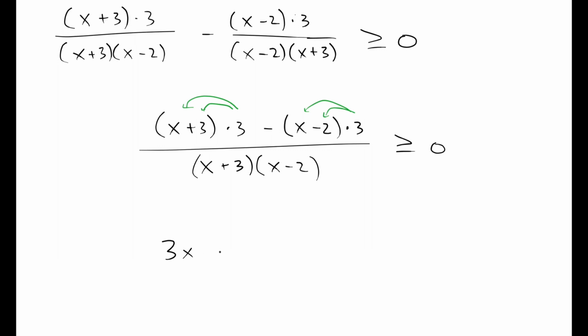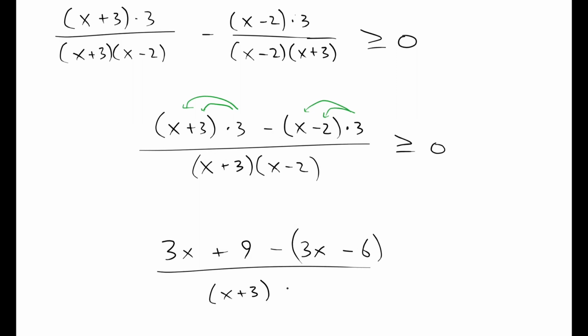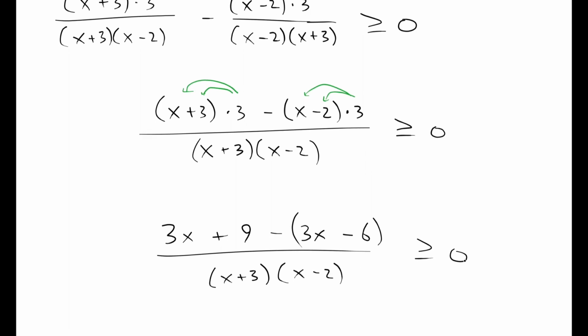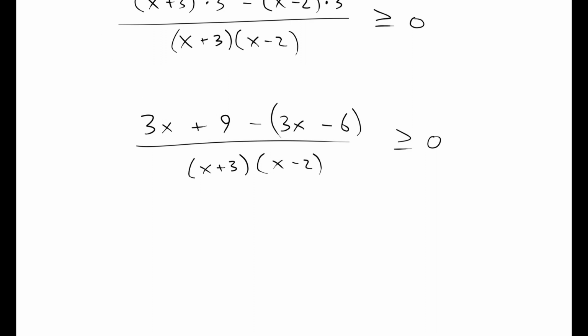We'll get 3x plus 9 minus 3x minus 6. Okay, some things cancel here. So you get 9 plus 6, which would be 15, over x plus 3, x minus 2.